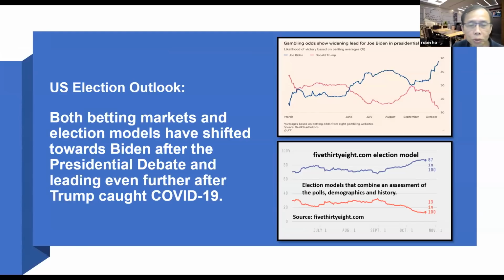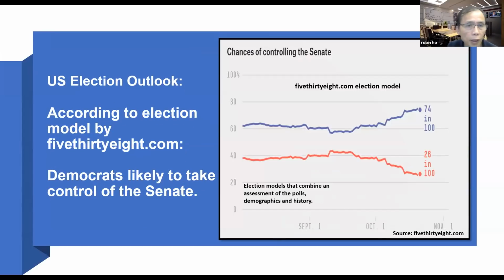Here we have gambling odds, and they show that Biden will win by a big margin, 70%, and there's only a 30% chance of Donald Trump winning. This week it has narrowed a little, but it is still very big. I understand it has narrowed to maybe about 65 to Biden and 35 to Donald Trump, but by and large still a very, very big lead.